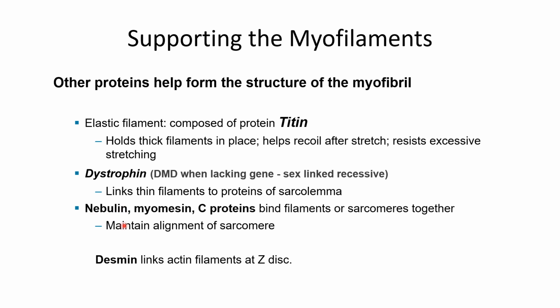So these other proteins help hold the alignment of the sarcomere, because again, asymmetric contraction will cause rupture and destruction. And lastly, the Z disc, which is in between sarcomeres. If you look at some previous pictures, you'll see a Z disc. That's where you have thin fibers and then these cross-linking proteins. That's what desmin is.